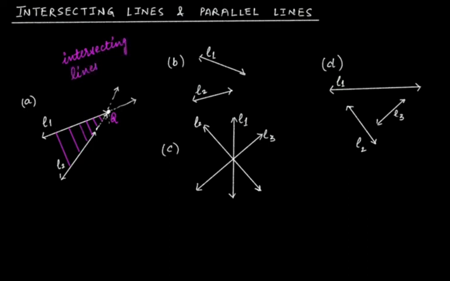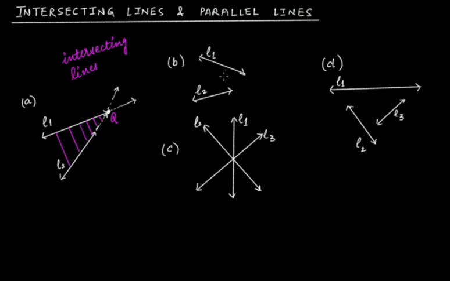So although in the original diagram they were not shown as intersecting, you could clearly see that if you measure the distance between these two lines, it is decreasing, and there will be a point when there will be no distance between them, and that's the point of intersection. That's why they are non-parallel lines or intersecting lines.